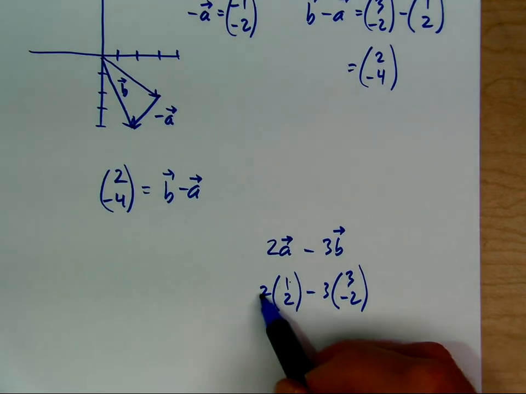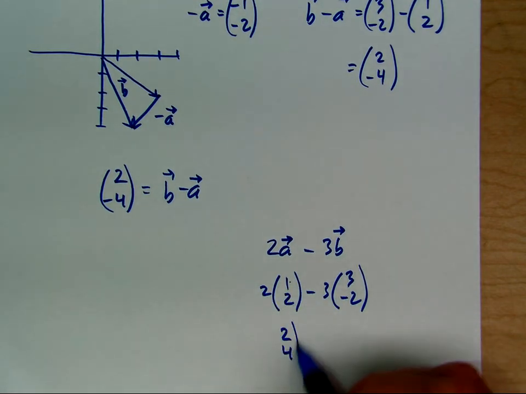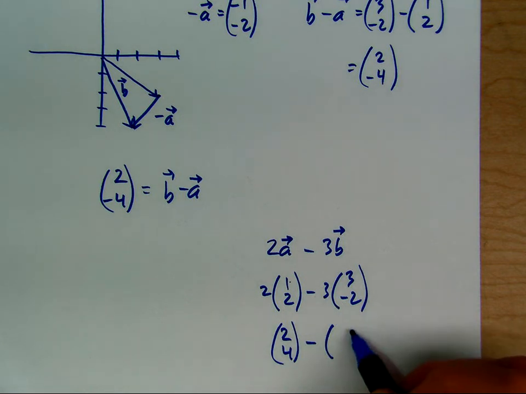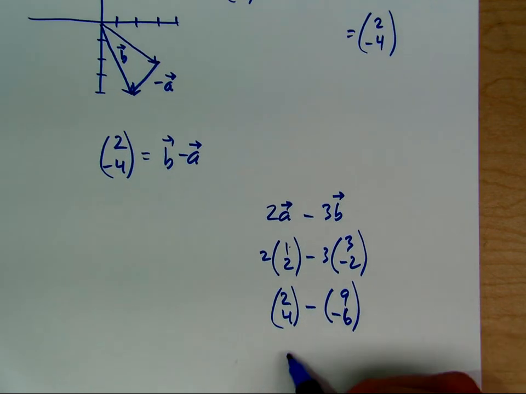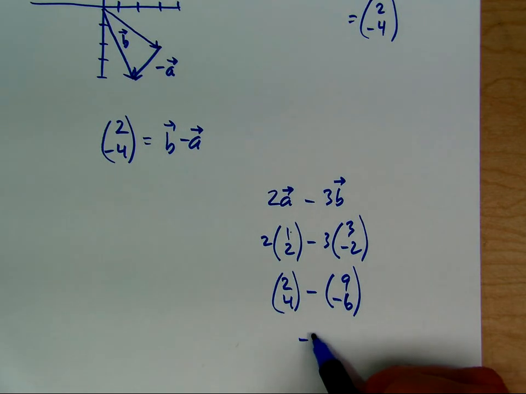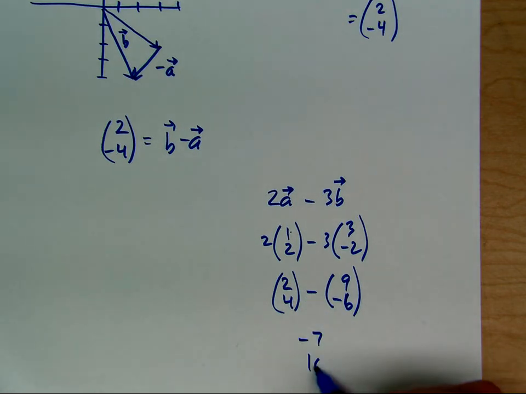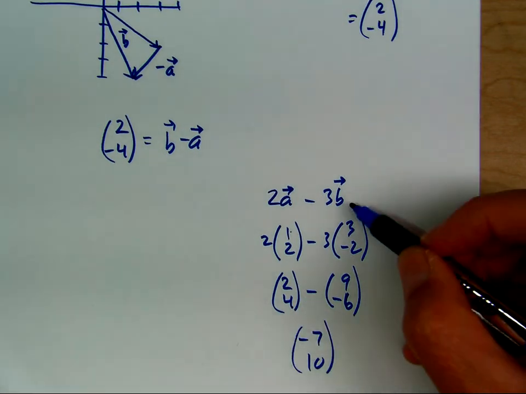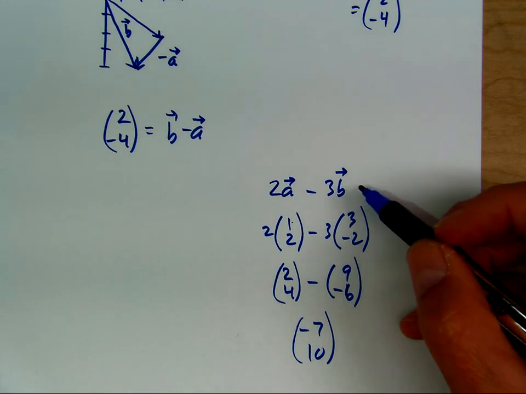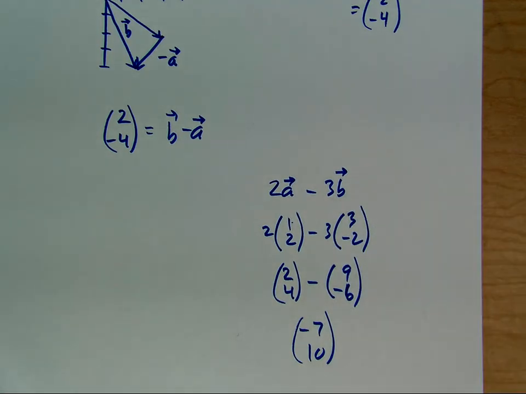That's going to be 2, 4, and then that'll be 9, negative 6. So 2 minus 9 and 4 plus 6. So that would be 2A minus 3B. All right, we'll stop there.